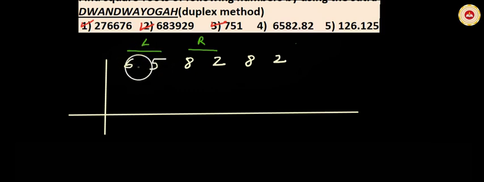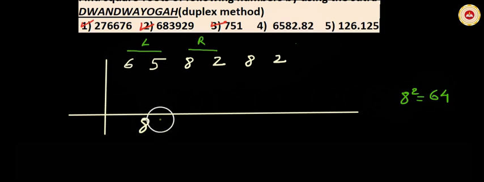Yes, 8 is that number, correct? 8 squared is 64. 64 is nearest to 65 but less than 65. So let us write 8 as the first left digit of the square root. Now let us separate this number from the rest of the digits in the answer, the quotient digits.